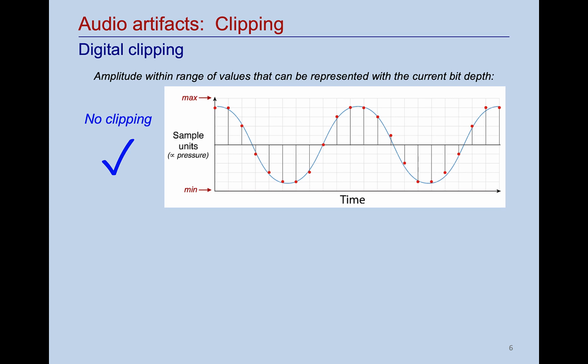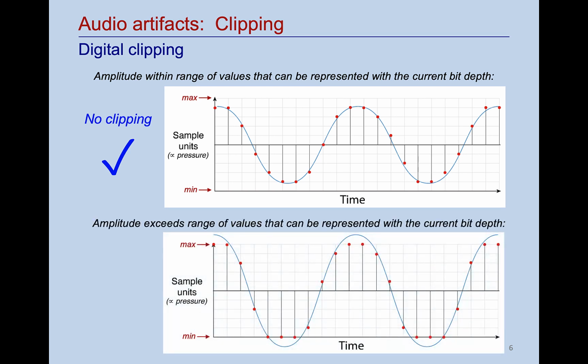Let's look now at a case where the amplitude of the analog waveform coming into the digitizer exceeds this range of values that can be represented given the current bit depth of 16 or 24 bits. Notice that the smoothly varying blue curve at the top goes above the maximum possible sample value and goes below the minimum value at the bottom.